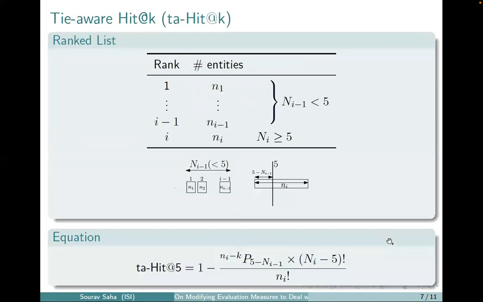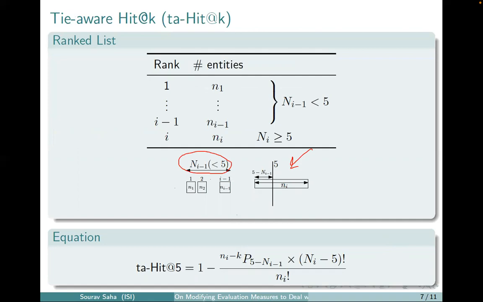Next, look at the tie-aware hit at K versions. For the sake of simplicity, we are looking at hit at 5. The setup is the same. The first correct answer is present in this block, and N_{i-1} is less than 5.